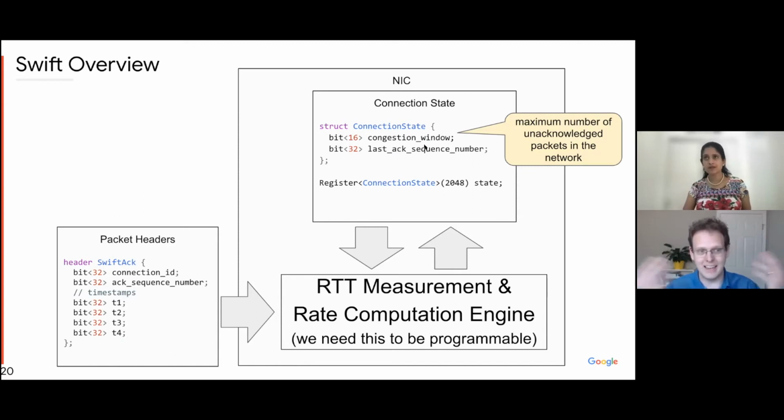If that's higher, we can send out more packets. If it's lower, we need to wait for more acknowledgements before we can send packets out. Again, we take these packets, put them into our engine together with the connection state, and then we produce another connection state with the updated congestion window. All right, if you go to the next slide.